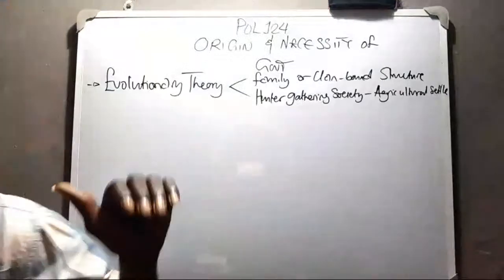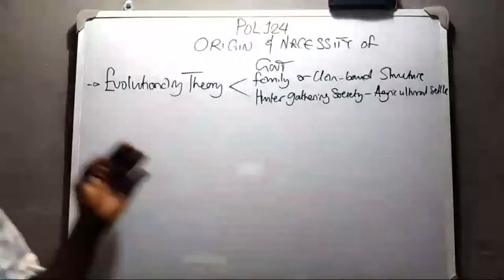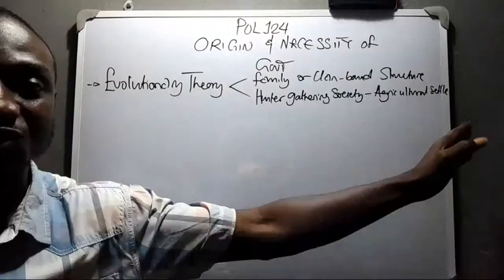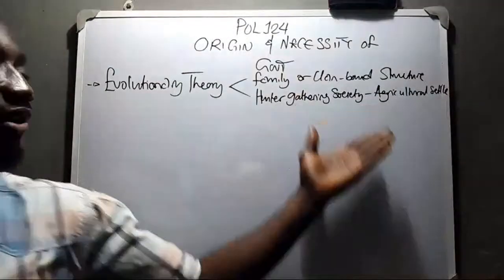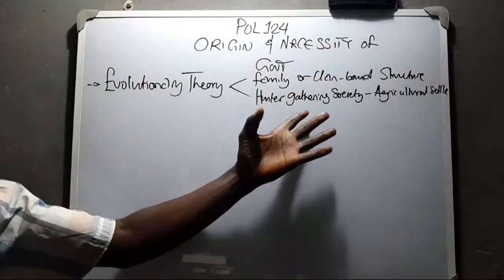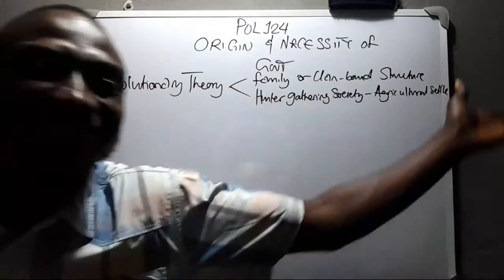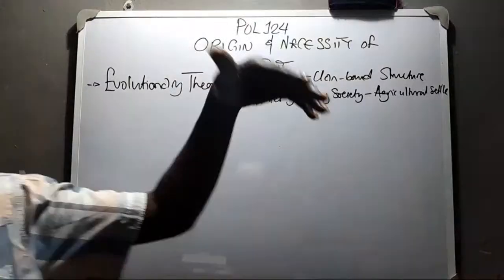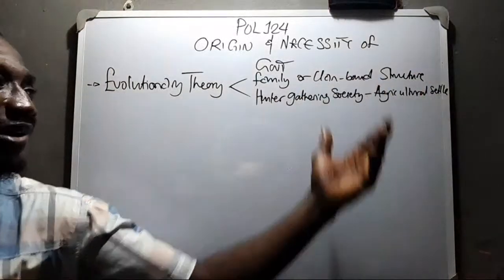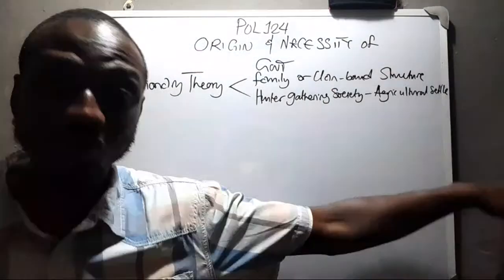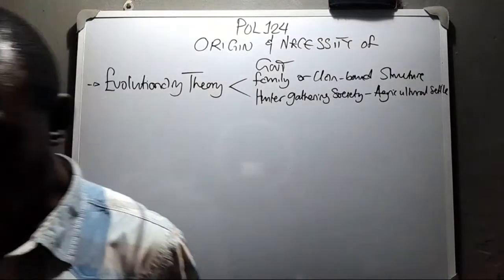So from just being a family or clan structure, in the earlier stage of man it was all about hunting, always moving, not fixed. But then gradually it moved and developed into a more settled agricultural society.